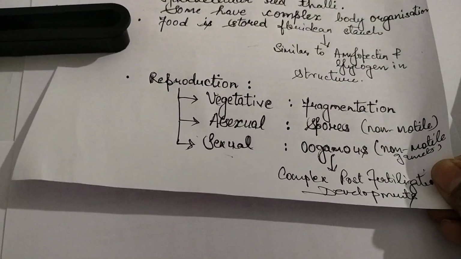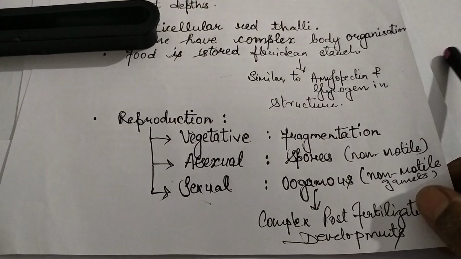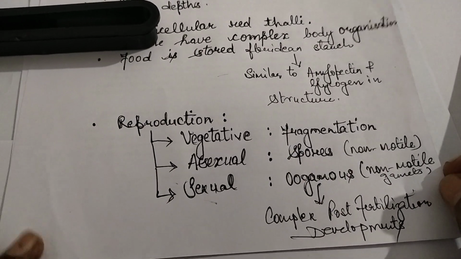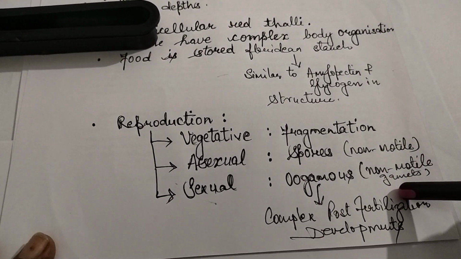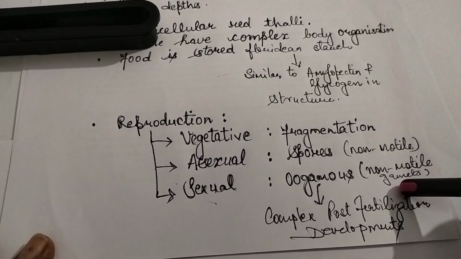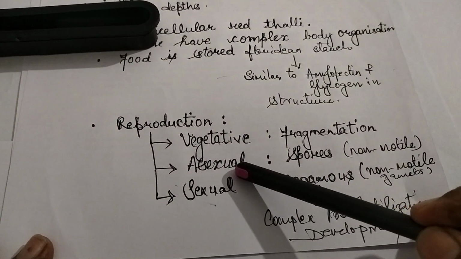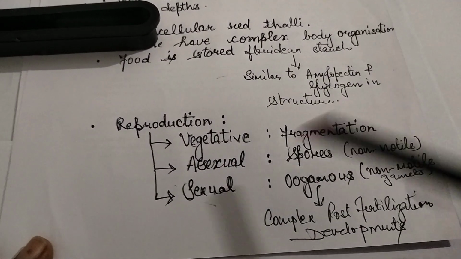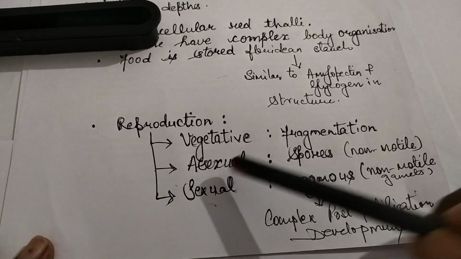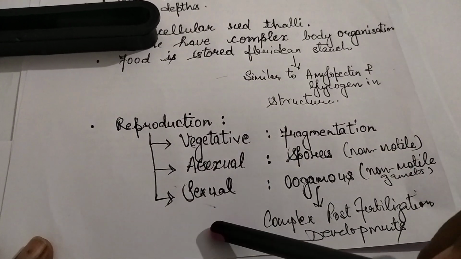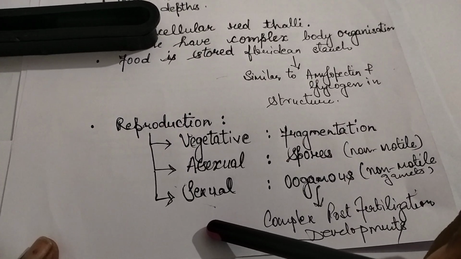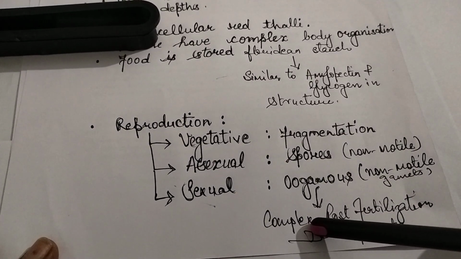Sexual reproduction in red algae is oogamous, and the gametes here are non-motile. Asexual reproduction is by non-motile spores, and sexual reproduction is by non-motile gametes.